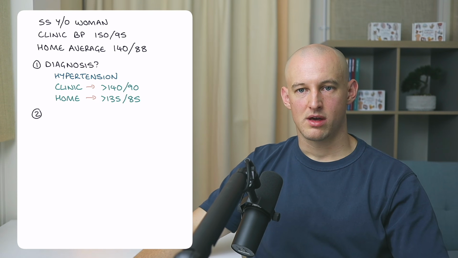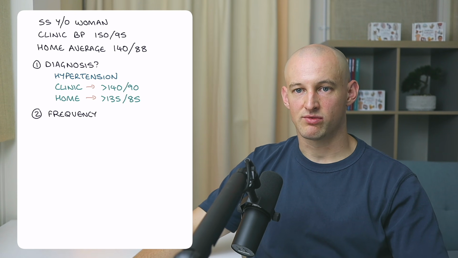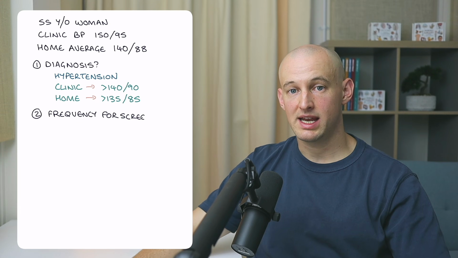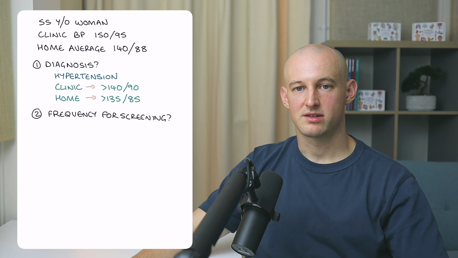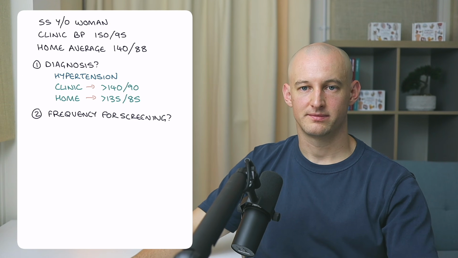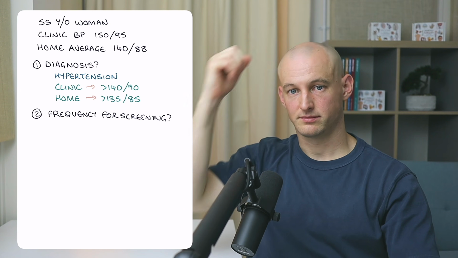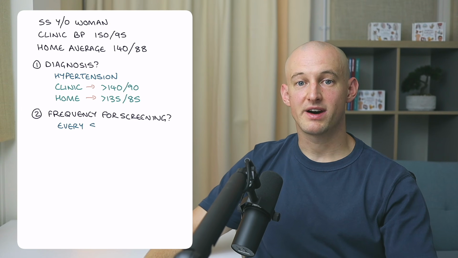Question 2. What blood pressure measurement frequency is recommended for screening for hypertension in otherwise healthy individuals? So how often would you check the blood pressure in somebody who's healthy? Every 5 years.